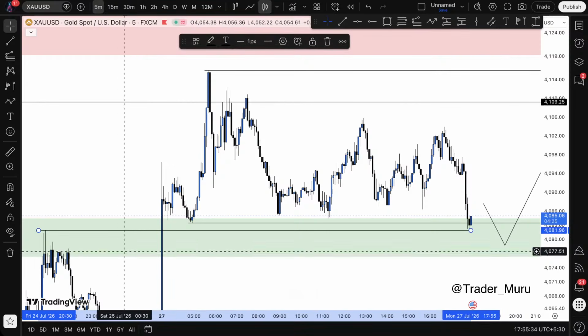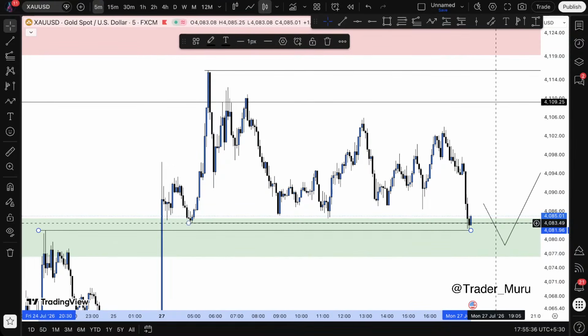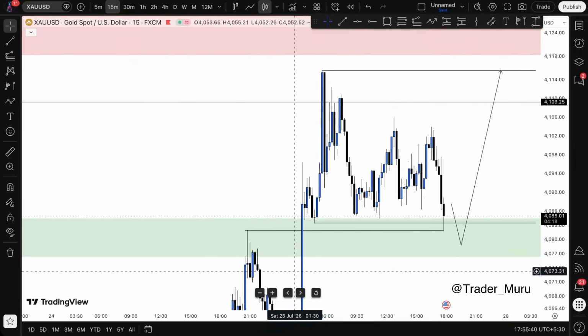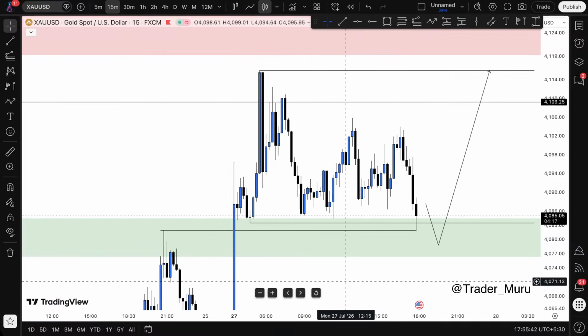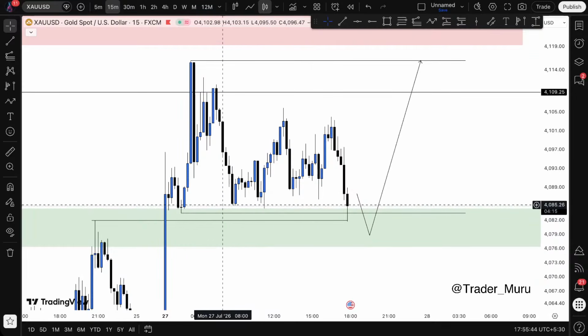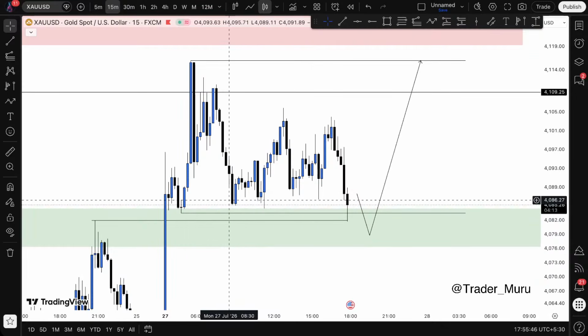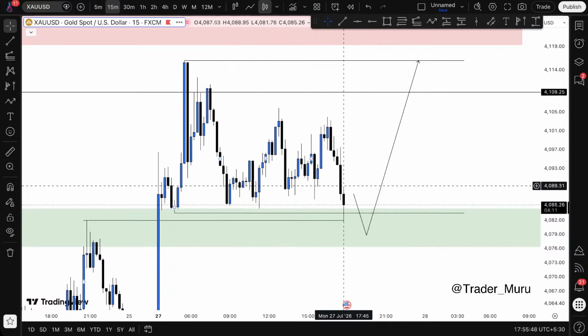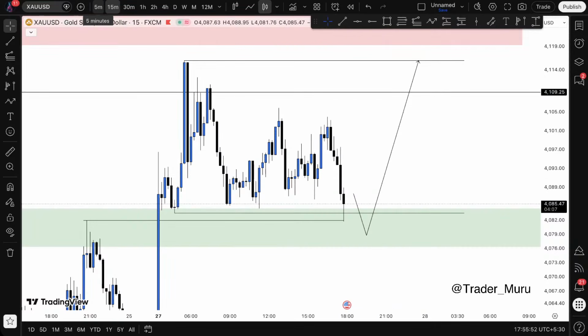This high is already tested. Okay, buying momentum is forming now.